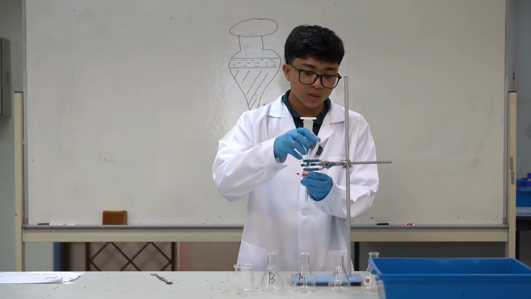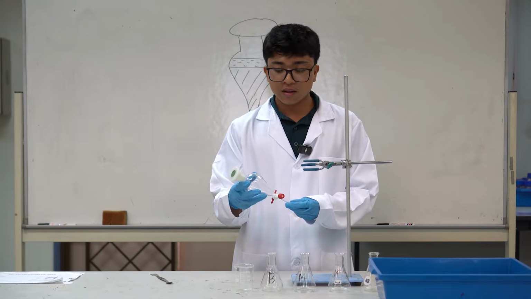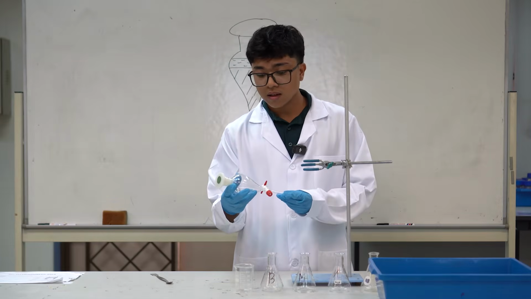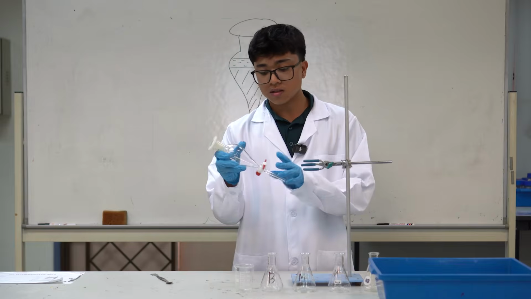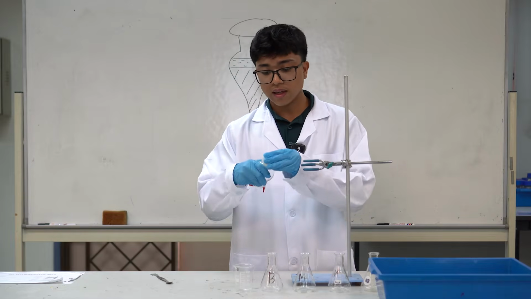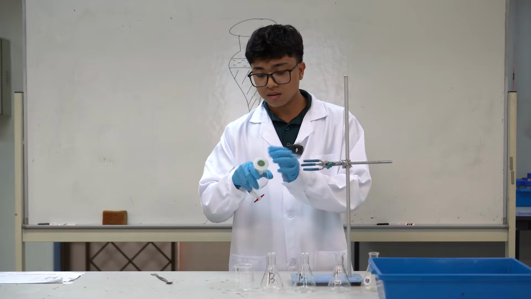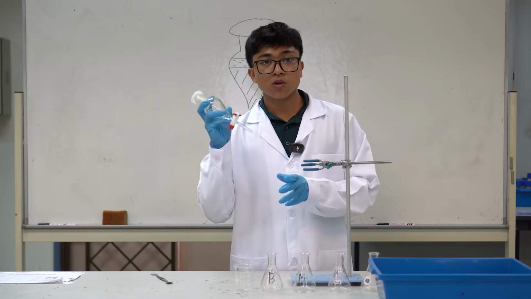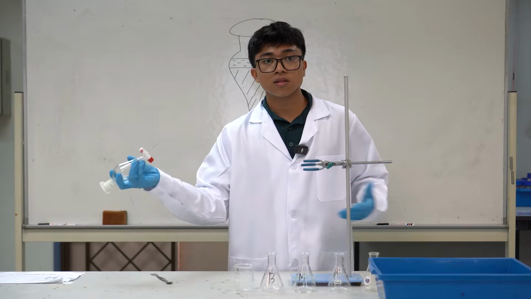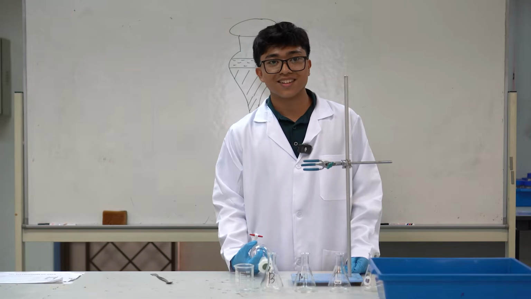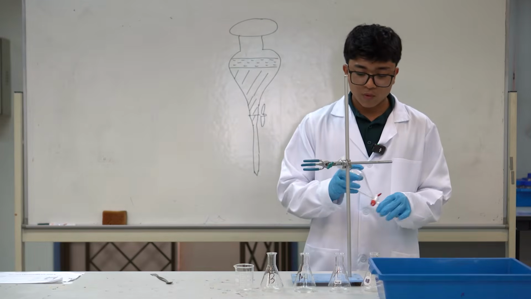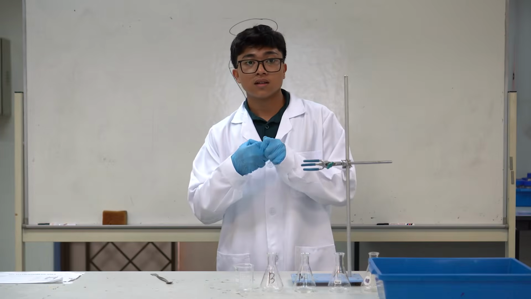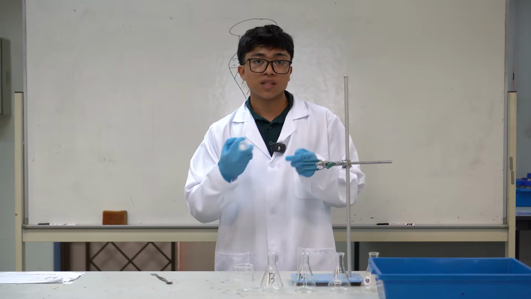When we want to shake the funnel, make sure that everything is sealed, the stopcock is closed, and the stopper here needs to be tight. When we shake it, make sure that we hold it properly, or it will slip and break. Then we need to vent the funnel regularly, because we don't want any pressure build up inside it.